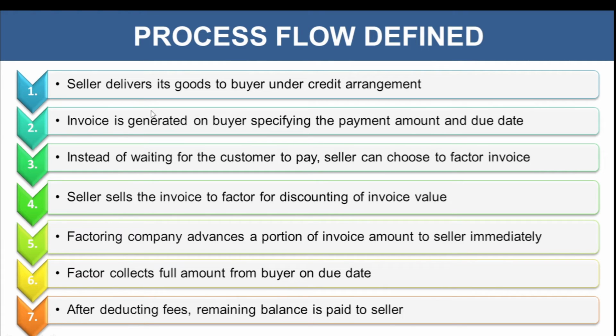We can just quickly read it out to make the concept totally clear in our mind. Before that, I will again try to memorize this for you. Factoring is suitable for short-term and domestic transactions, while forfeiting is suitable for long-term international transactions.